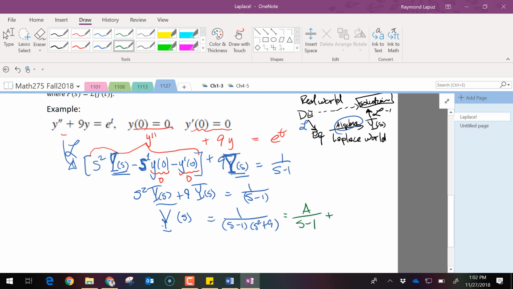Now, s squared plus 9 is an irreducible quadratic. You cannot factor this into linear factors, so it's a second degree polynomial, which means the numerator should be a first degree polynomial, linear, bx plus c.